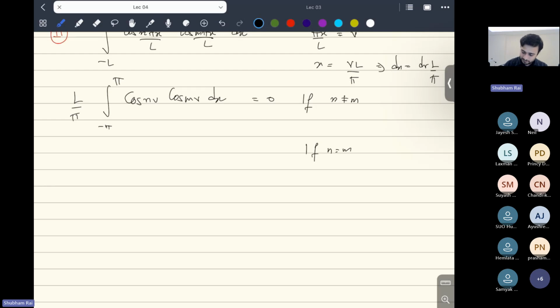So this relation will turn into cosine square nv, L by pi, integral from minus pi to pi, I'm writing dx, right? Because n is equal to m, this will also be cosine of nv, and this will be cosine square nv.